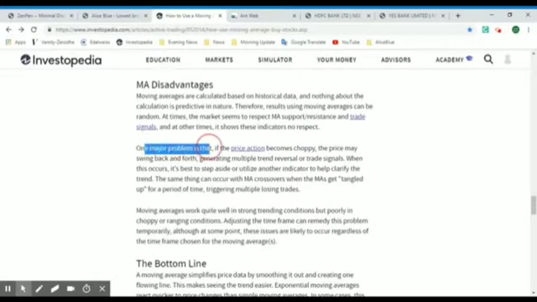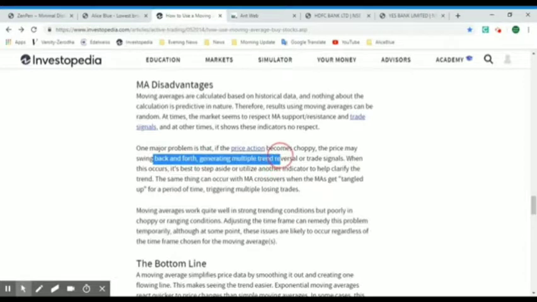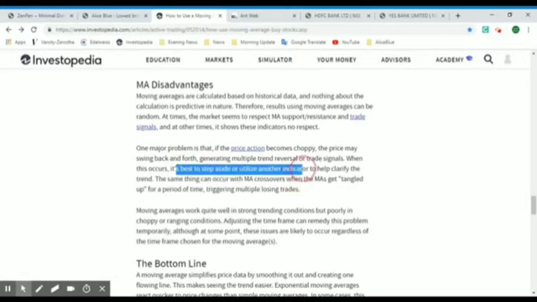One major problem is that if the price action is choppy, that is, if the market is very volatile and the stock goes up and down rapidly, the price may swing back and forth, generating multiple trend reversal or trade signals. When this occurs, it's best to step aside or utilize another indicator to help clarify the trend.